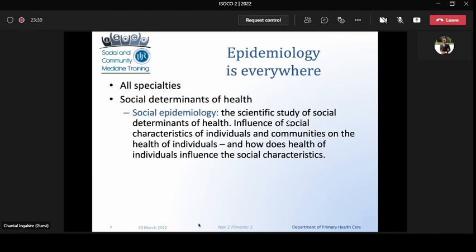And when we talk about the social determinants of health, what do we understand by social determinants of health? So we say that epidemiology is about many specialties. We talked that epidemiology also looks at the social determinants of health. Any candidate who can tell us what we understand by the social determinants of health?